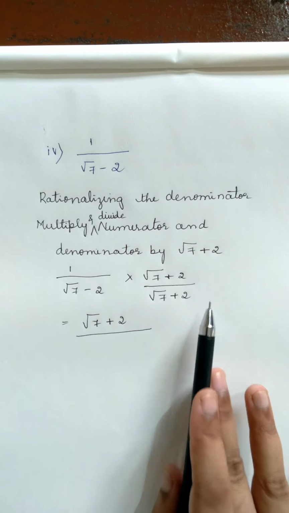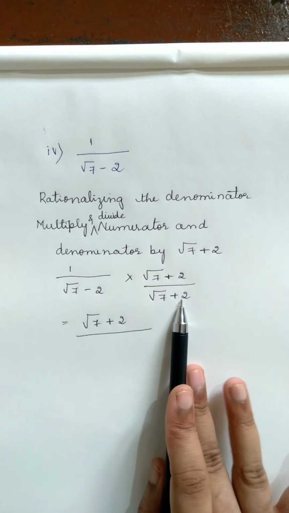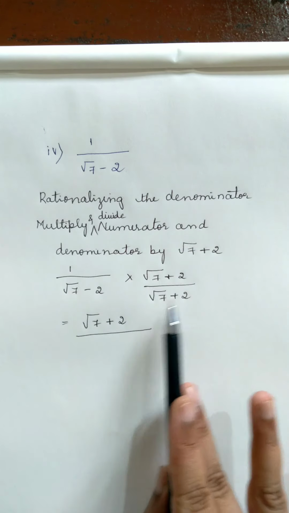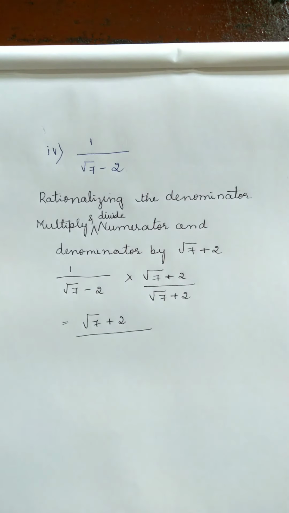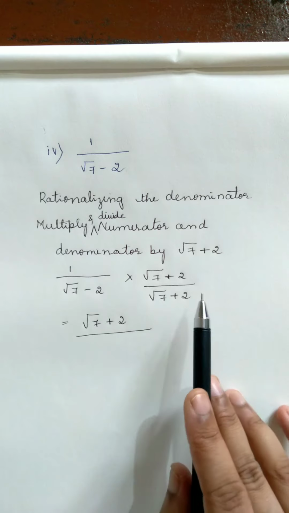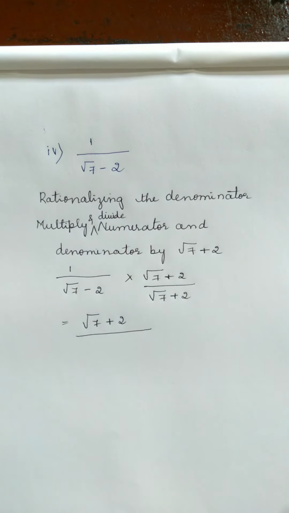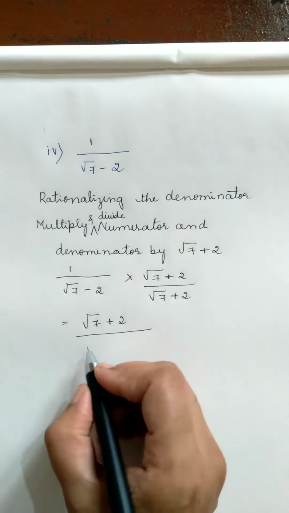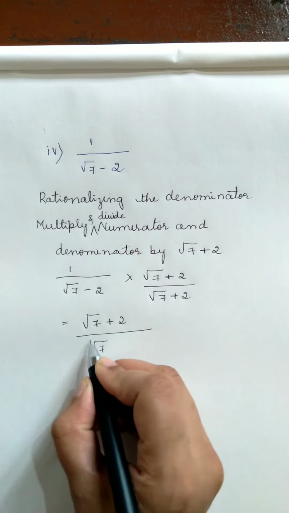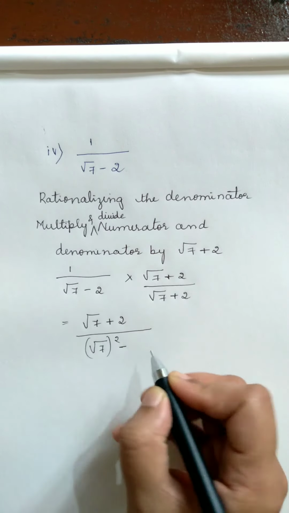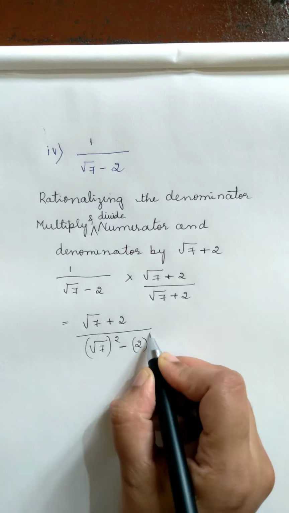Therefore, these denominators are in the form of a plus b into a minus b, where a is root 7 and b is 2. Therefore, when it is a plus b into a minus b, we convert it using the identity a square minus b square. Therefore, the denominator becomes root 7 whole square minus 2 whole square.